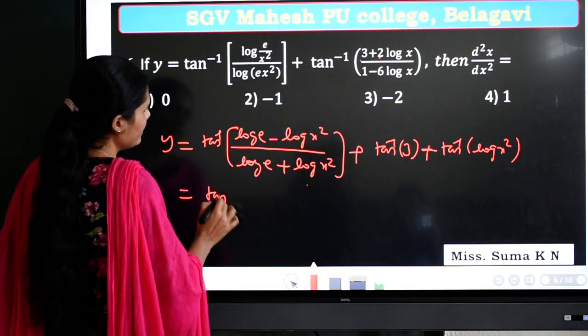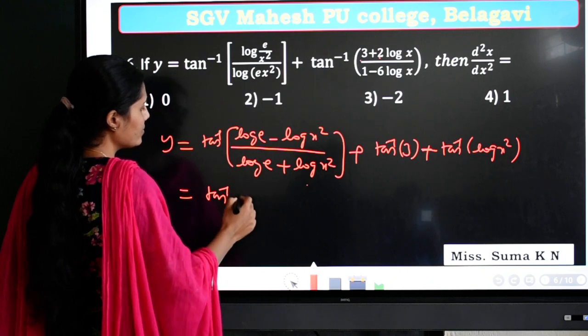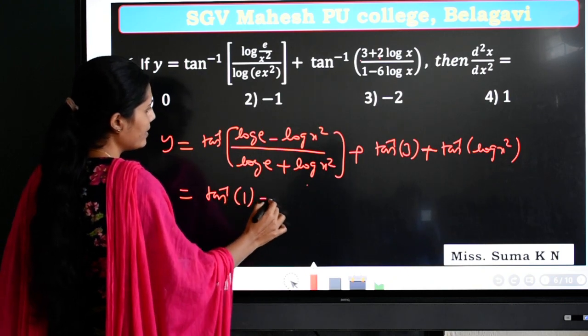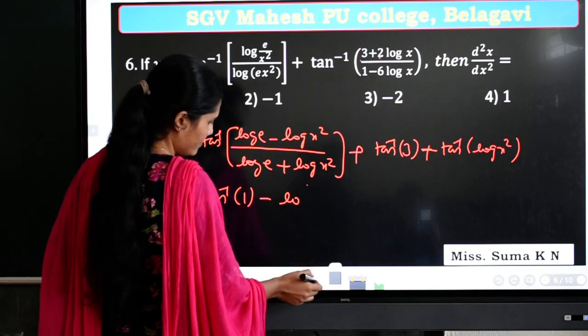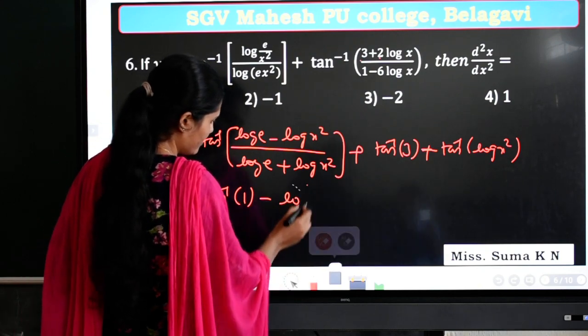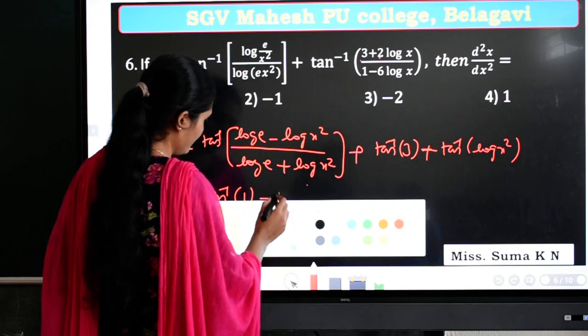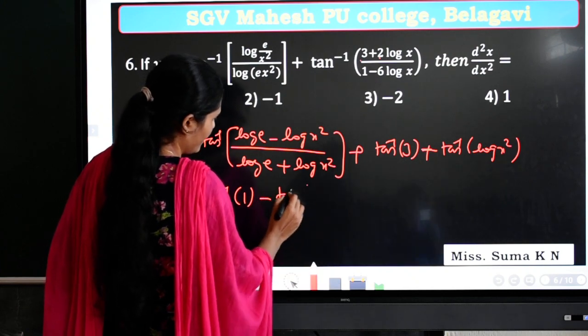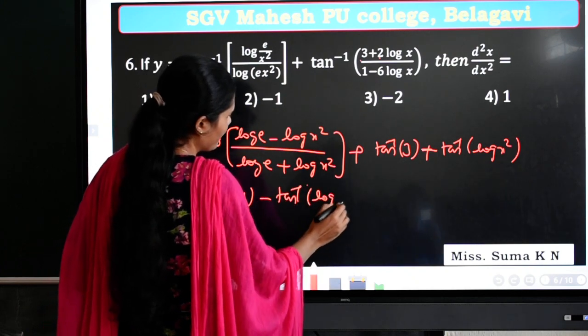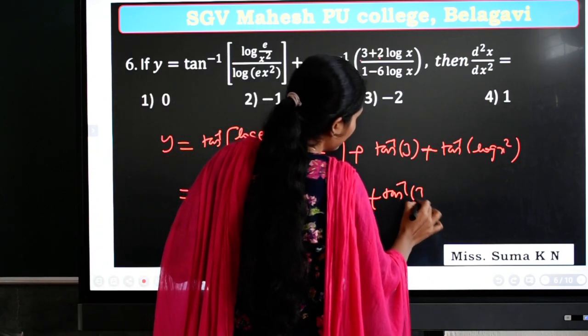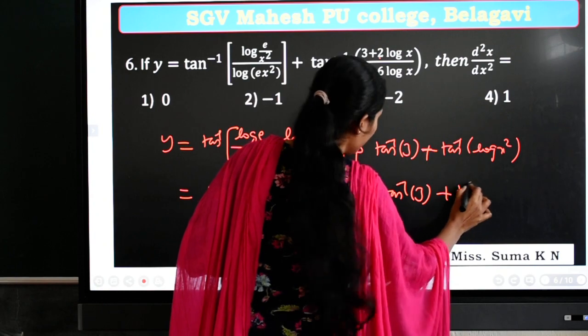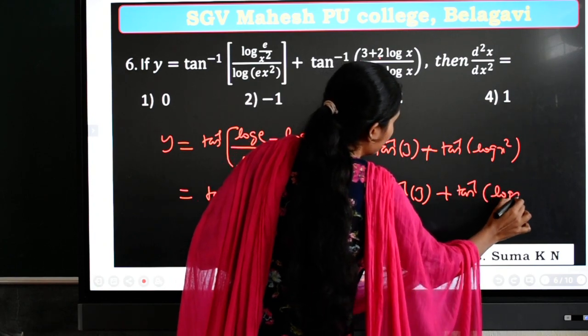This is tan inverse of log e, which is 1. So directly I will take this as log 1 minus tan inverse of log x square we can write, plus tan inverse of 3 plus tan inverse of log x square.